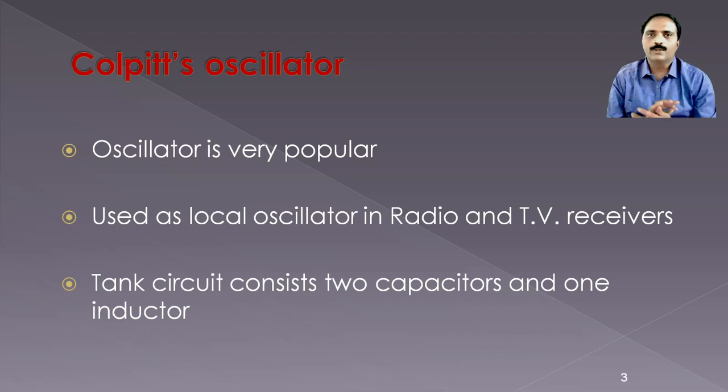Here the tank circuit consists of two capacitors and one inductor, unlike the Hartley oscillator. In the case of Hartley oscillator, the tank circuit consists of two inductors and one capacitor, but here the converse of it we are going to use in this particular oscillator, two capacitors and one inductor. The purpose of tank circuit is to produce the required oscillations.